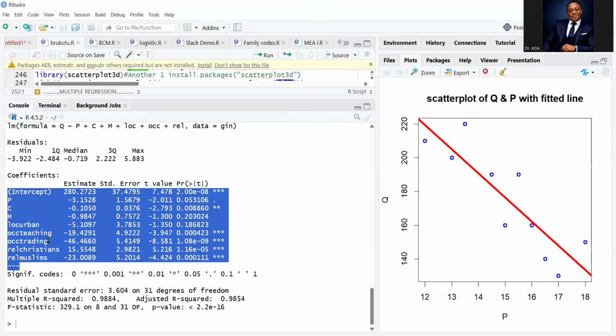The same way among the occupations, we have teaching and trading, but fishing was not given. So the one that is a reference category is not added in the regression result.